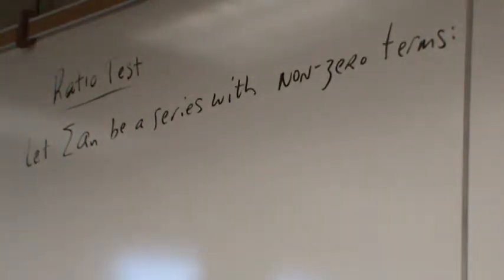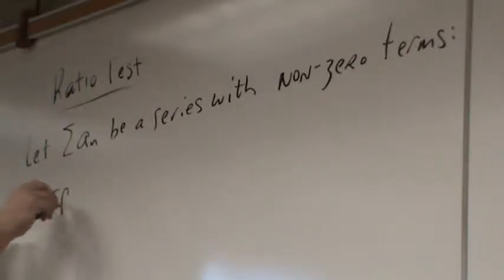Then what you're going to do, rather than getting a ratio between A sub n and some other series that you've chosen, or instead of comparing A sub n with some other series, what you're actually going to compare is the nth term with the n plus 1th term of A sub n. So there's no B sub n's happening here.